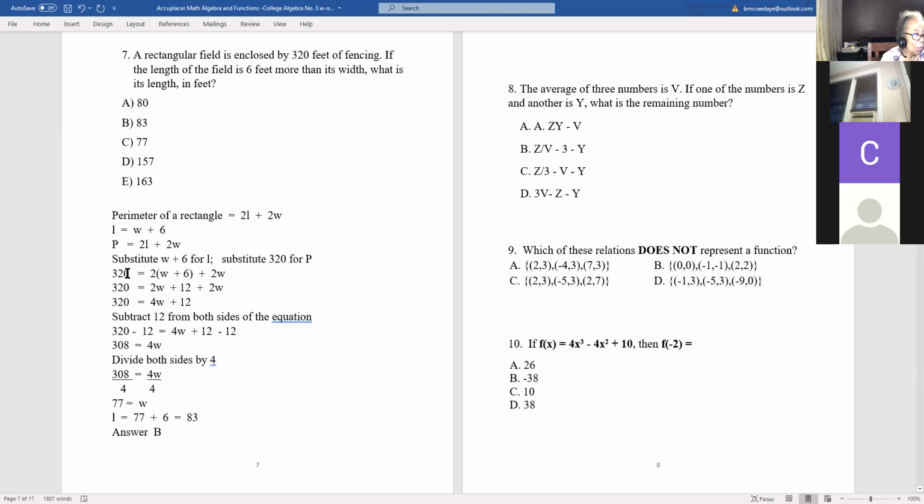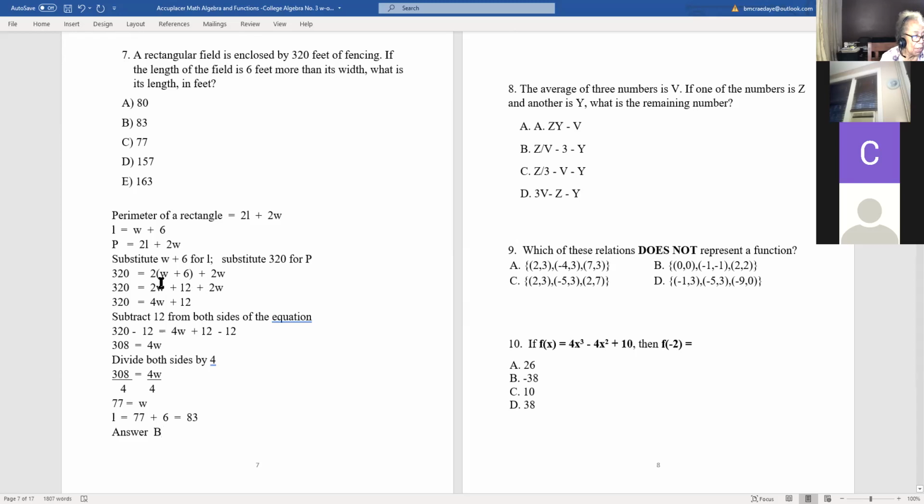Okay. So the perimeter, 320 feet. 2 times W is 2W. 2 times 6 is 12. So now I have 320 equals 2W plus 12 plus 2W. 2W plus 2W is 4W, because I only add the coefficients 2 and 2.